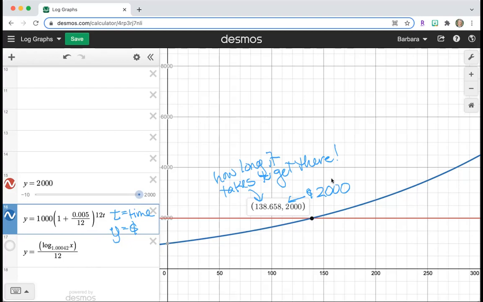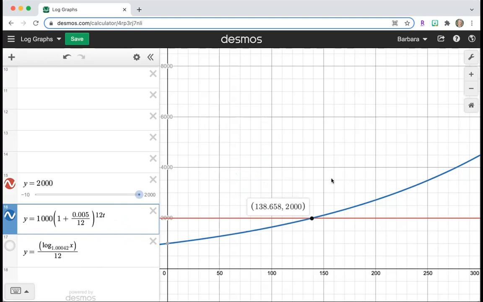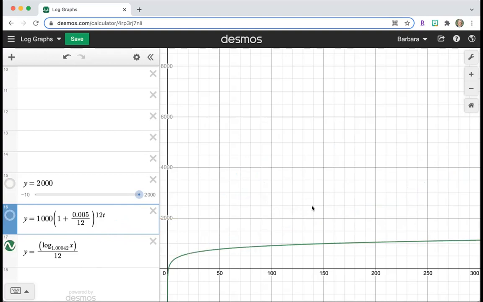So to see it, let's clear this now. If you want to see it in the logarithm, I'm going to turn that one off for a second, turn that one off. Let's look at this graph. So now things are different. X is now the money and Y is the time, because we were asking how long it'll take.